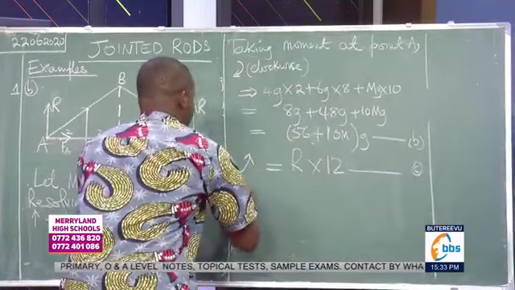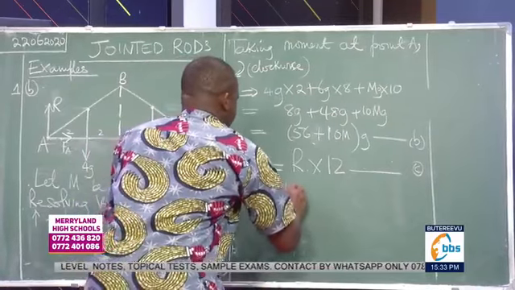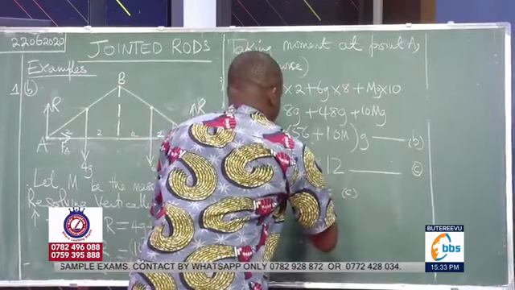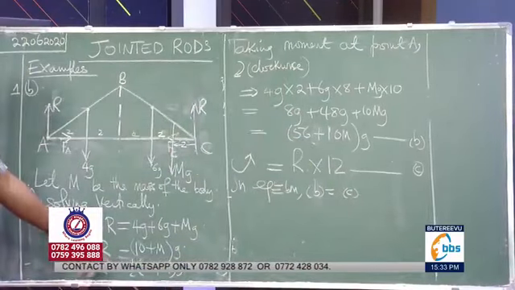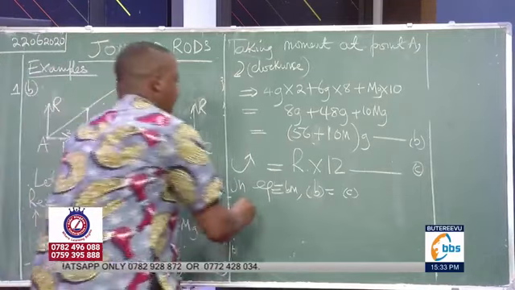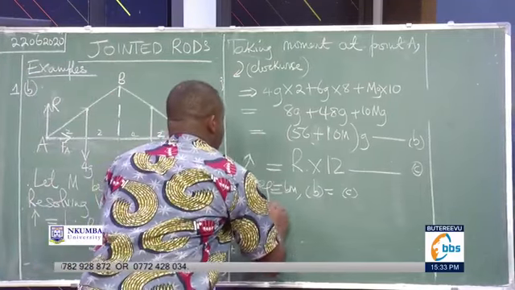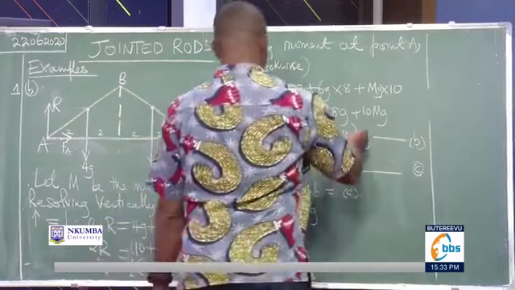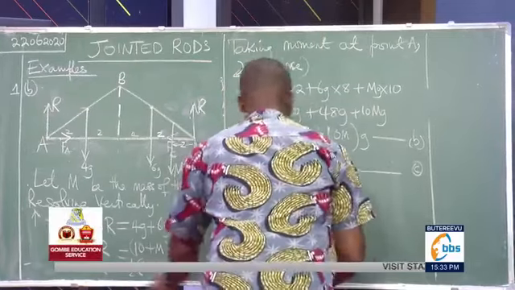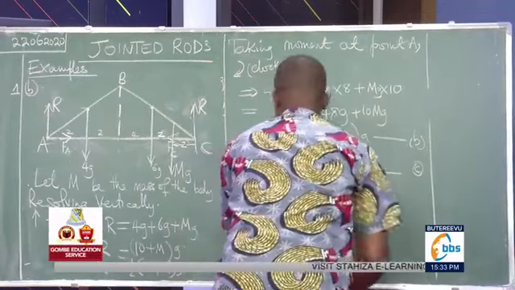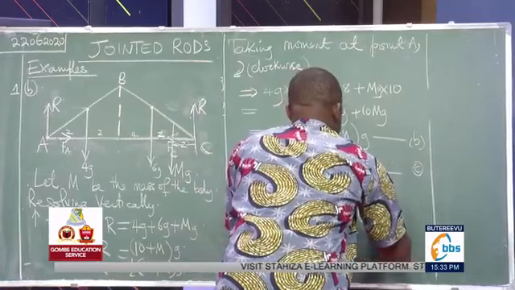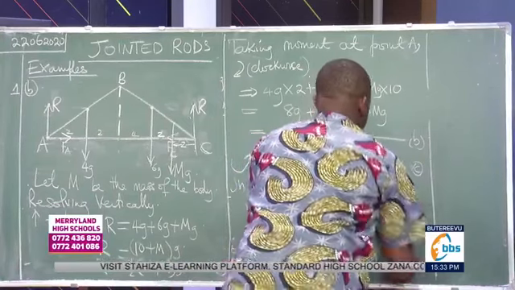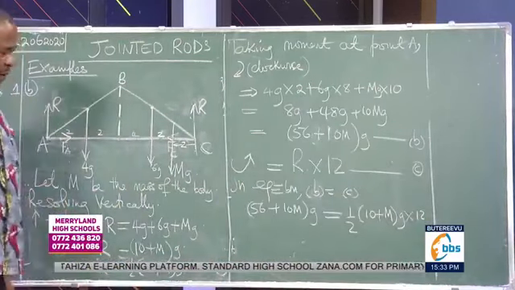So in equilibrium, remember that equation B is equal to equation C. But we know the value of R. So we feed it in, and we say that 56 plus 10m all into g, which is our B, should be equal to R, which I'm feeding in, a half into 10 plus m times g, times 12.